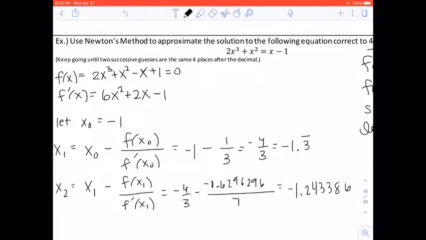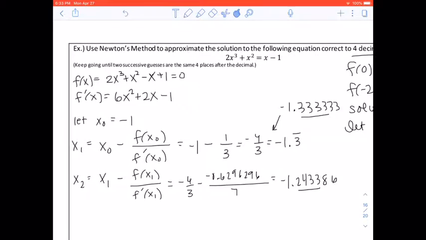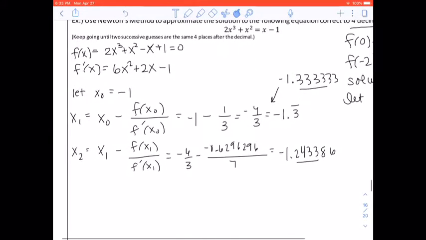And if you were to look at the one right above this, this is -1.333333, and it keeps going. It says correct to 4 decimal places. So if you notice, our 4 decimal places are not matching yet, so we have to keep going, until two are going to have the same 4 digits after the decimal place.